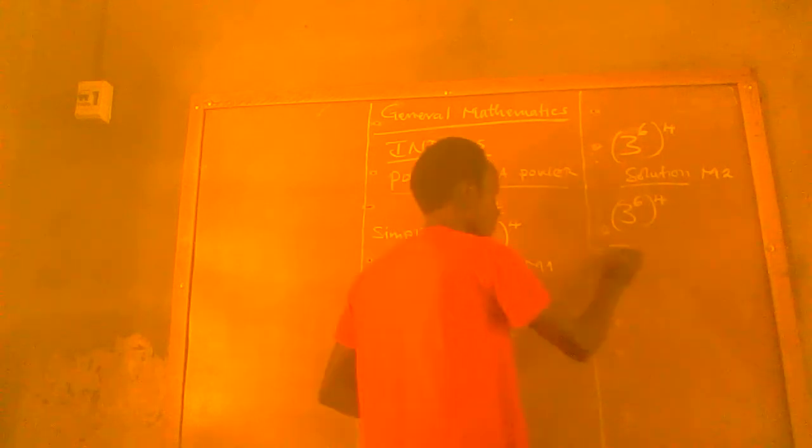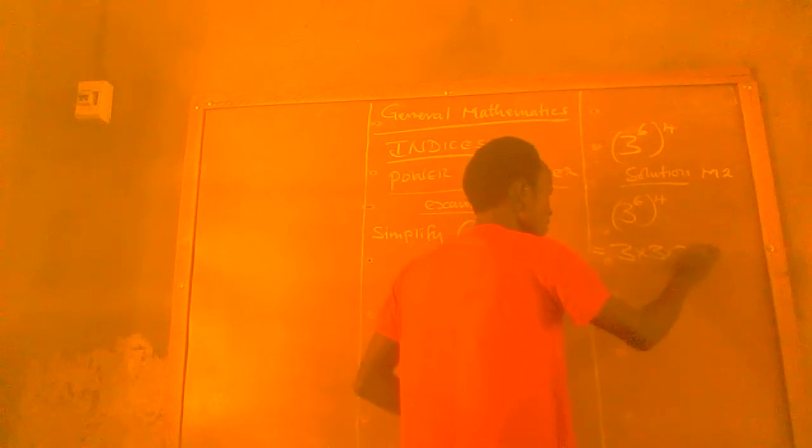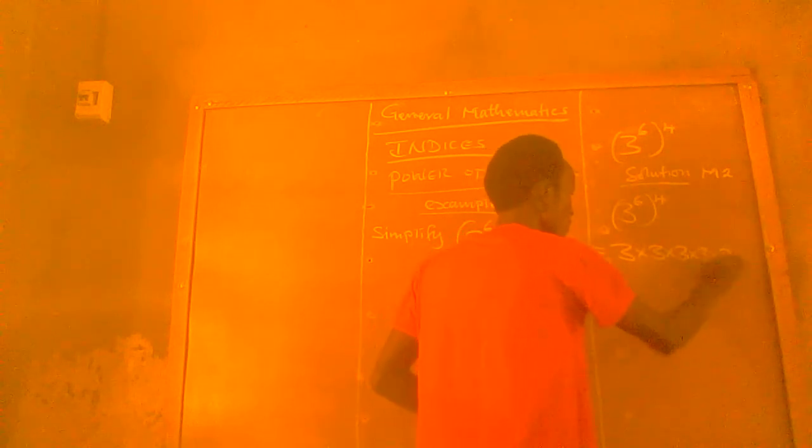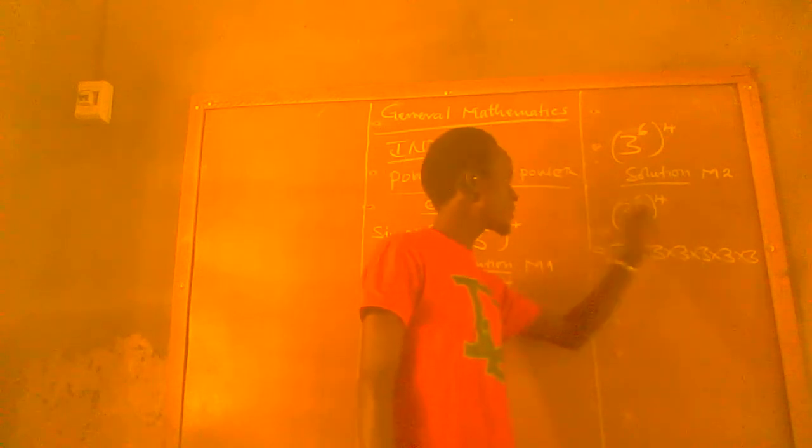That is to say 3 times 3 times 3 times 3 times 3 times 3: 1, 2, 3, 4, 5, 6. Because of 3 raised to the power 6, that is why I multiply 3 six times.